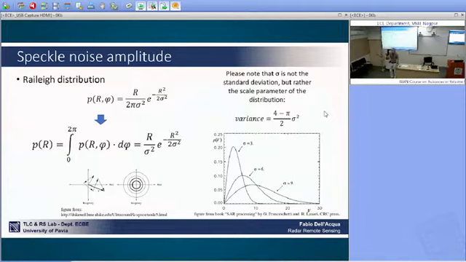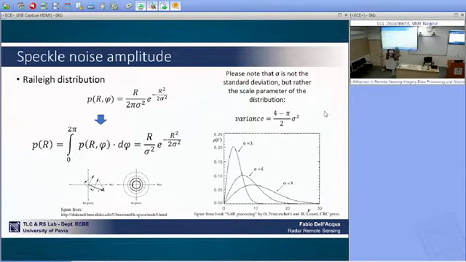Specifically, if the elementary reflectors are very reflective, I will have a PDF which is spread out. If reflectors are not very reflective or are almost not reflective at all, I will have a PDF which is shrunk and next to 0. So the variability of the measurement depends on the strength of the backscatter given by the individual small reflector.